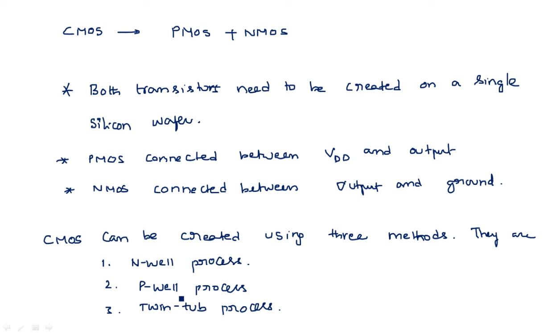So in this video I am going to explain about the N-well process, how the CMOS structure is going to be created using the N-well process. In the previous video, I have explained the MOS transistor fabrication like PMOS and NMOS.